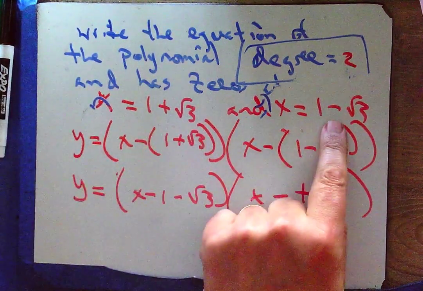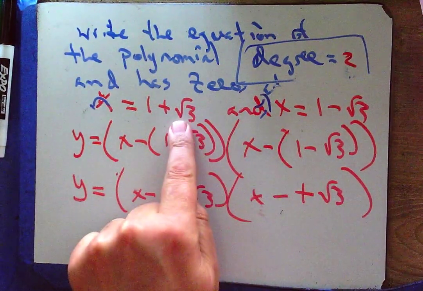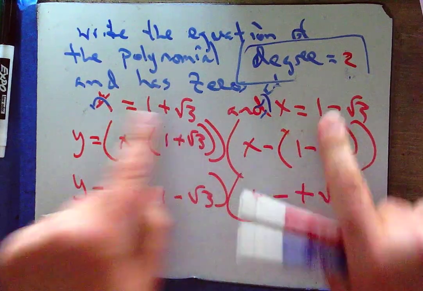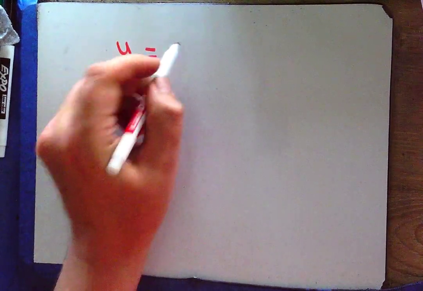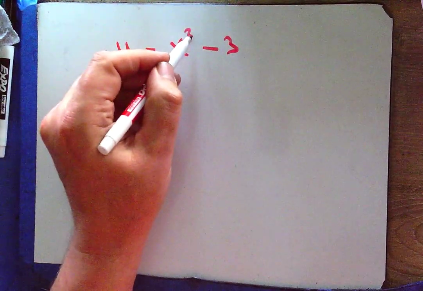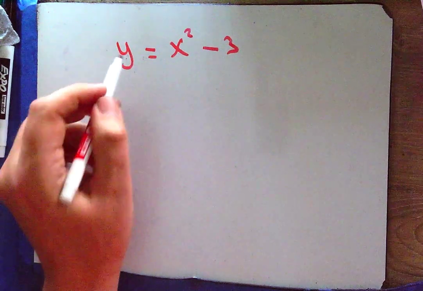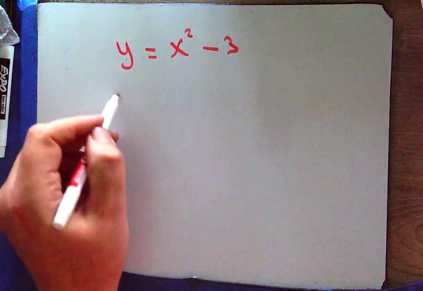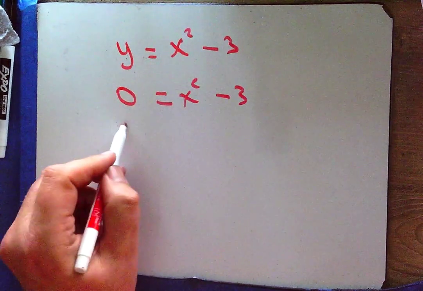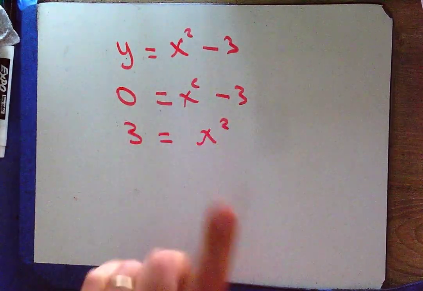All right, now notice these irrational ones, because they had square roots, they came in conjugate pairs. Irrational roots always travel in conjugate pairs. So if I have something like y equals x squared minus 3, and I asked you to find the x-intercepts of this, you would set y equal to 0, and then you would add 3 to both sides, and then what?